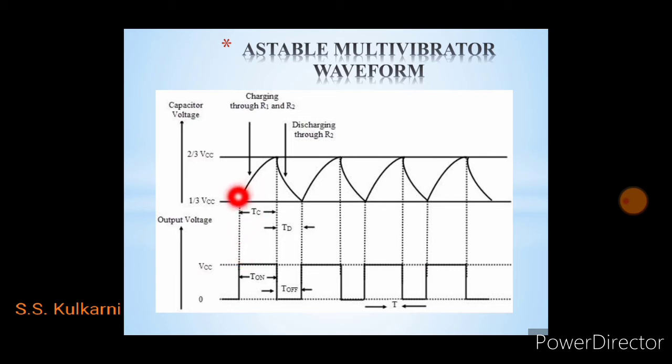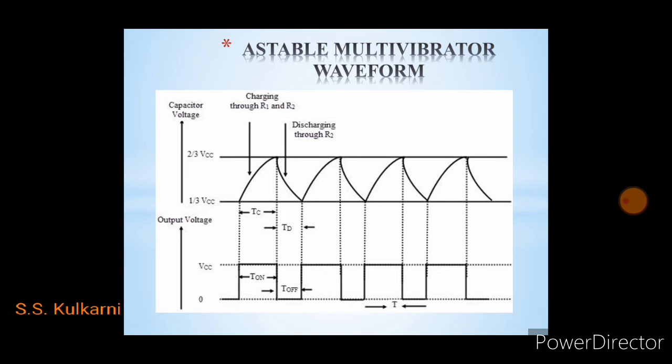As I told you, when the lower comparator voltage is less than 1/3 VCC, the lower comparator output becomes 1. Hence, the R pin of the flip-flop becomes 1 and the final output of the flip-flop is connected to pin 3 of the timer, whose output becomes 1.